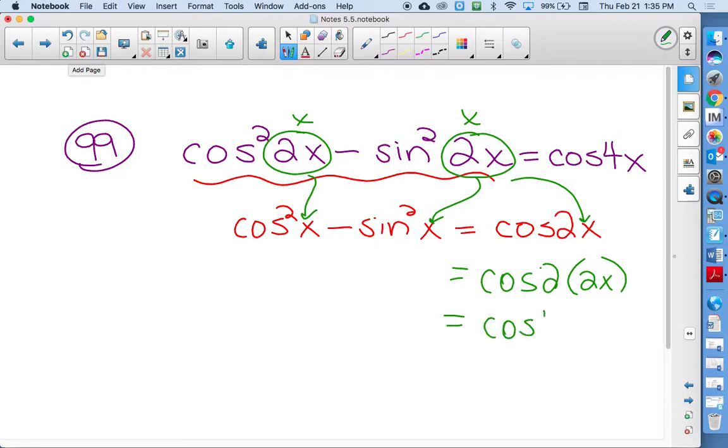So that's how we get the cosine of 4x, by taking whatever's after the function, that becomes our angle, and plugging that in for the angle in the formula. So the cosine squared of 2x minus the sine squared of 2x is equal to the cosine of 4x because the angle is being doubled. That's how you get the 4x. You're doubling the angle. Questions on that?